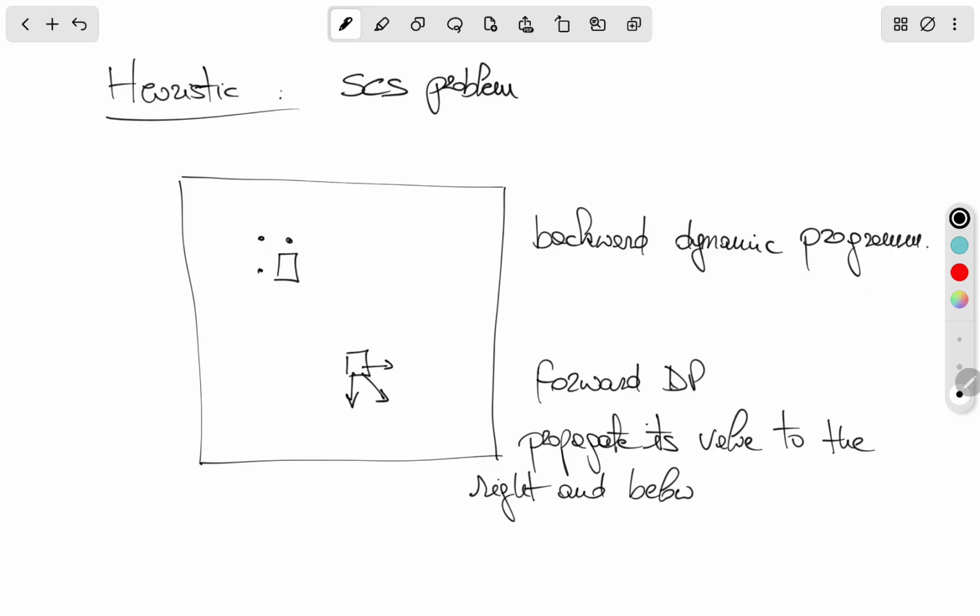But this propagation happens only if it improves the current value of the destination cell. Only if it improves the value of the destination.